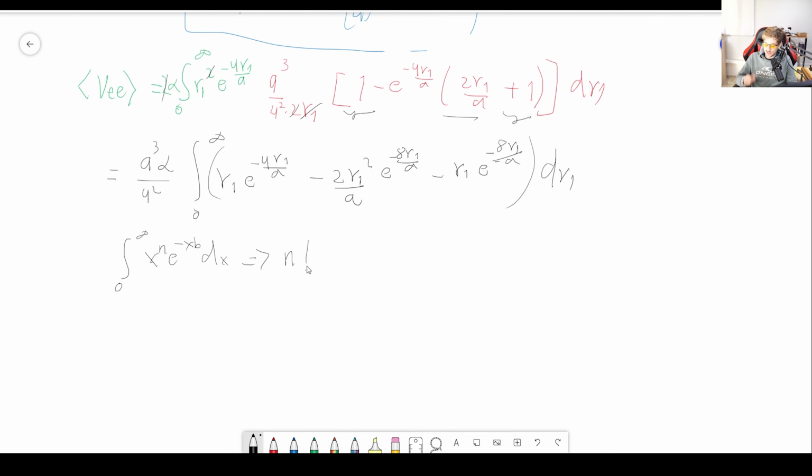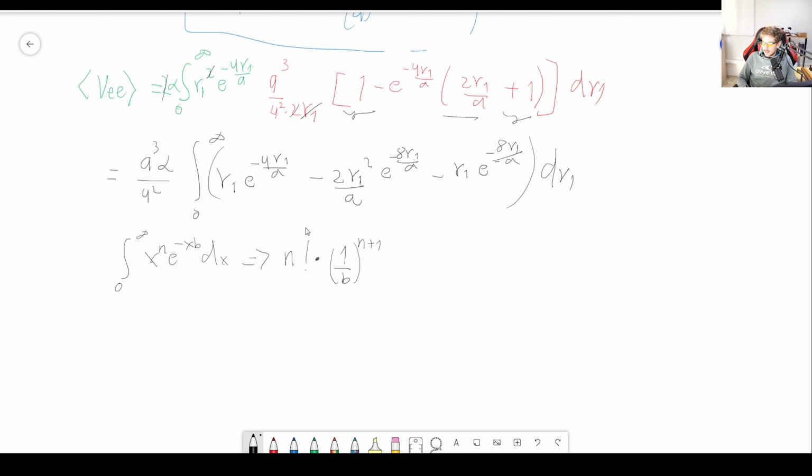And in that case, as we have seen before, this is going to be times 1 over b to the power of n plus 1, basically. Okay, and I'll show you why this is.